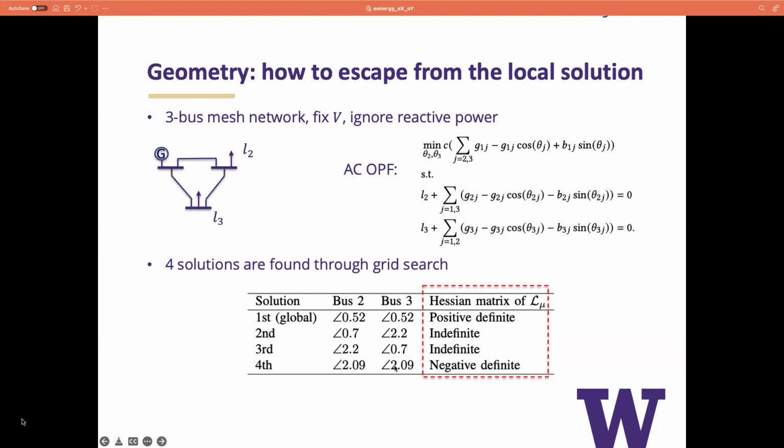To illustrate this point more clearly, we can plot the contour of this partial Lagrangian. Because of the property of this Hessian matrix, if we start a solver from the minimizer of the partial Lagrangian, we can escape from the local solutions.